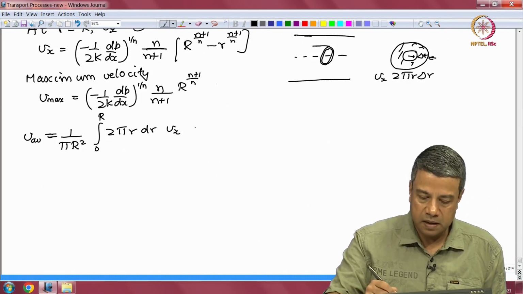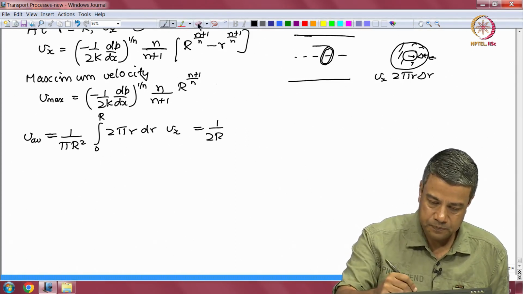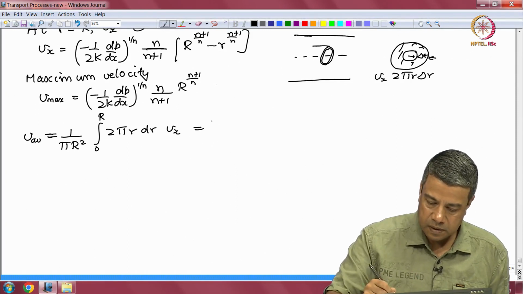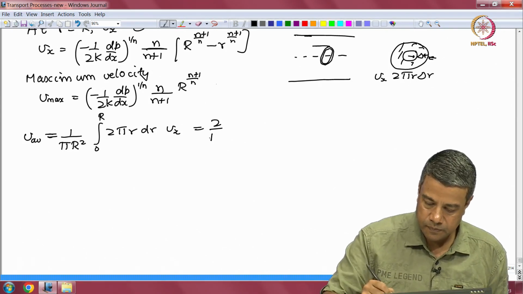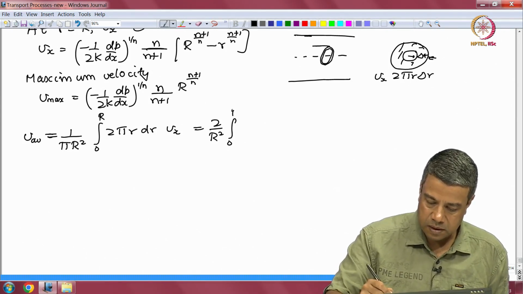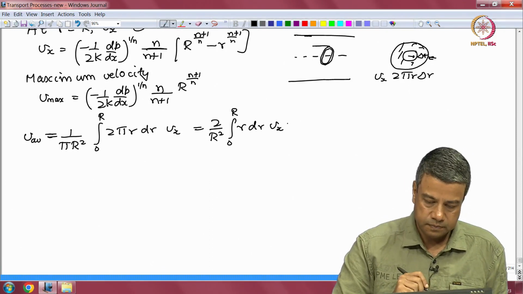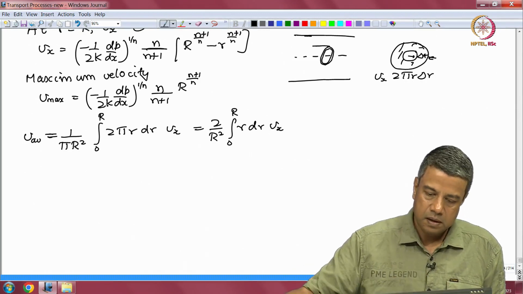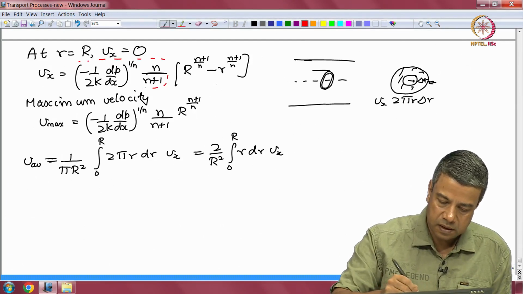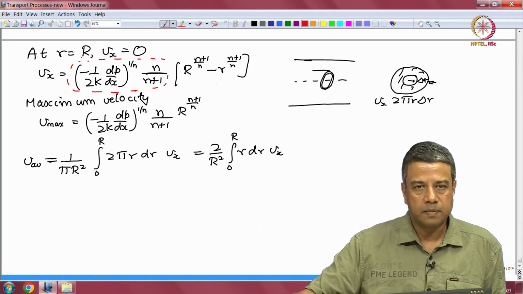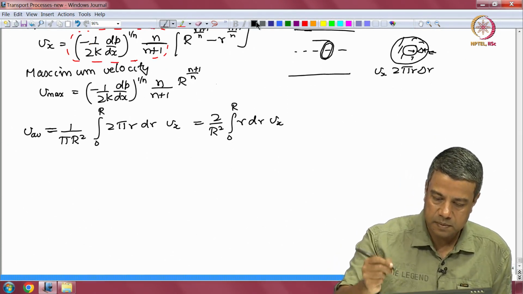And this 2 pi can be taken outside. So, I will just get 2 by r square, integral 0 to r, r dr times V x. And this velocity V x, I can take the entire prefactor out of the integral sign, because it is a constant independent of r.